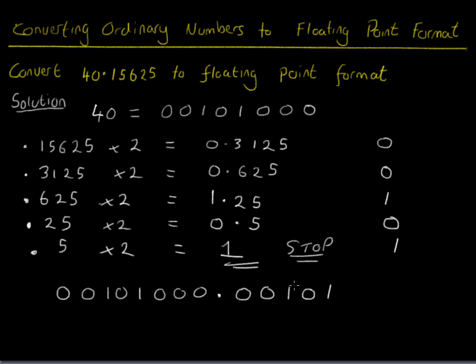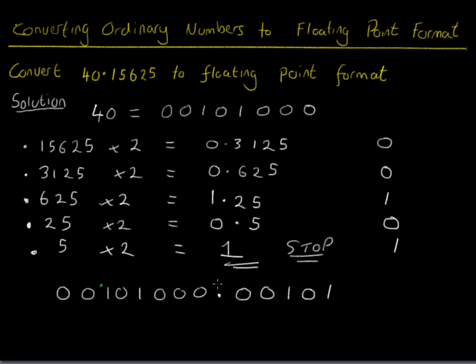And what I'm going to do, let's just change the colour of my pen here so you can see clearly what I'm doing. What I'm going to do is I'm going to say, well, okay, look, to normalise this number, I know it's a positive number because it's 40, so I want my binary point to really be here. Okay?